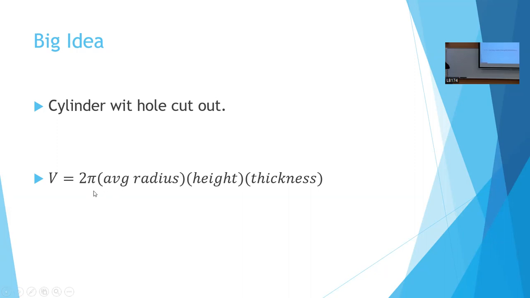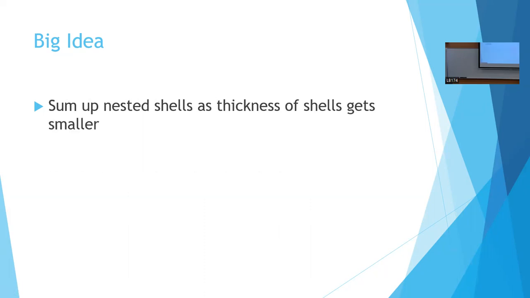So it's basically, think of it as a pipe or a straw or a tube. And the volume of that pipe, or straw or tube, is going to be 2 pi times the average radius times the height times the thickness. 2 pi radius, height, thickness.